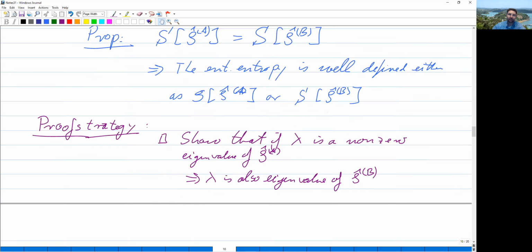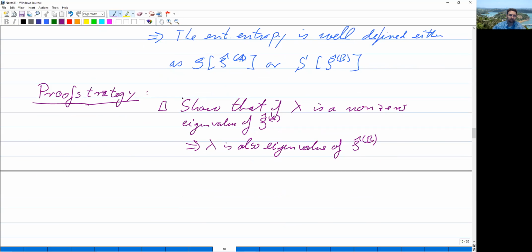And one can show that this even conserves degeneracies. So if one eigenvalue is 27-fold degenerate, then the other subsystem has that same eigenvalue also 27-fold degenerate. So this preserves also degeneracy.